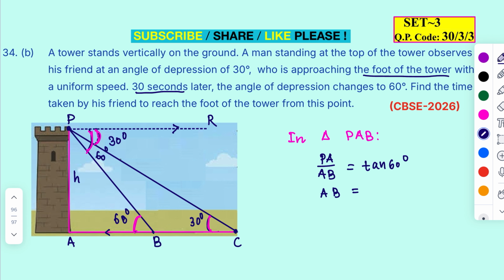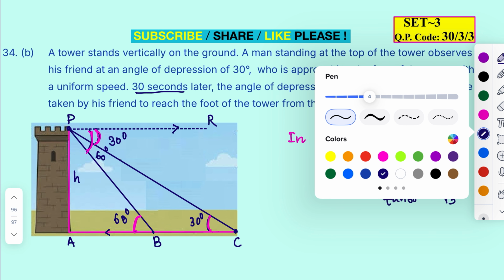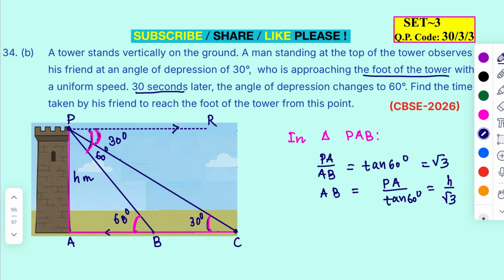So AB will be equal to PA divided by tan 60 degree. The value of tan 60 degree is root 3. So AB is equal to h by root 3.